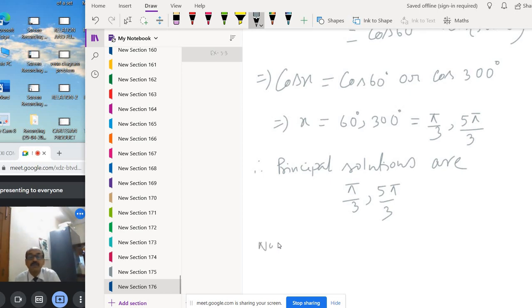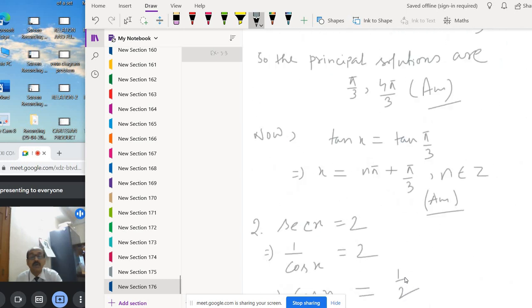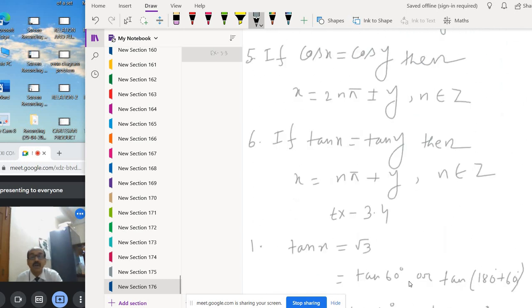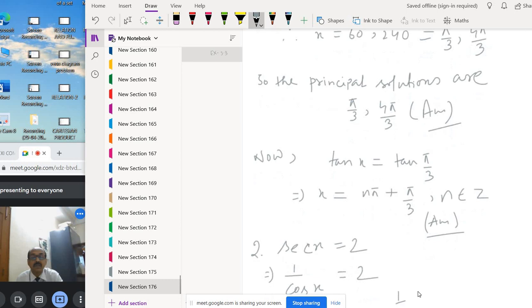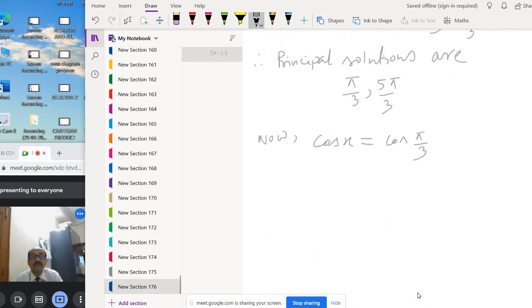For the cos general solution formula, x equal to 2 n pi plus minus y. So y means pi by 3.